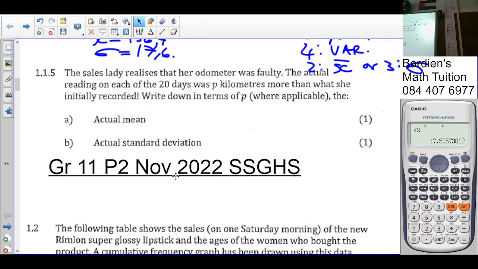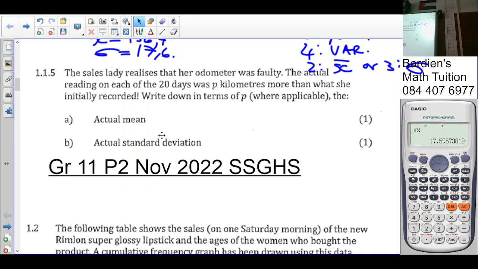Question 1.5.1: we are told the sales lady realized that the odometer was faulty. Now the odometer is the mechanism that takes the reading of your kilometers traveled, the distance traveled. The actual reading on each of the 20 days was P kilometers more than she initially recorded.